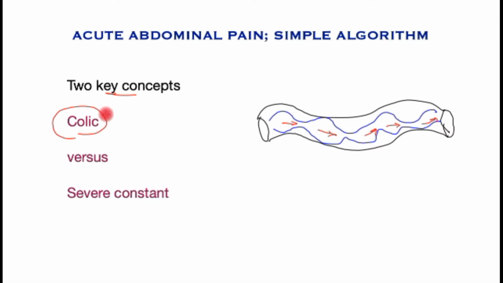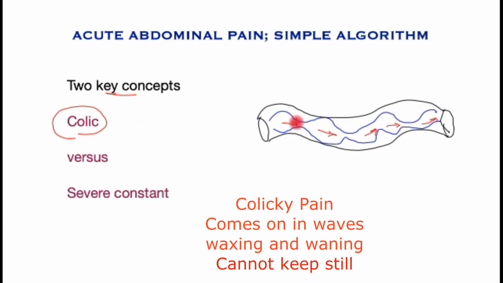And the pain originating from these areas is fairly typical. It is rhythmic, comes on in waves and has periods where it relents before coming back on, timed with the contractions of these tubes. It makes the patient want to walk around and they cannot get comfortable.